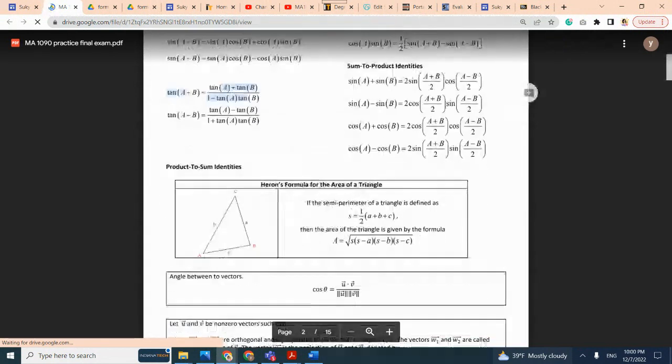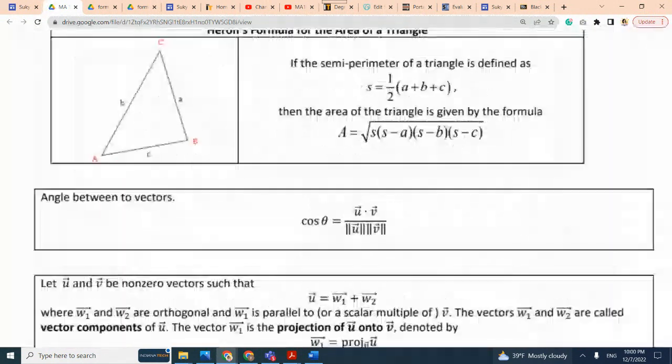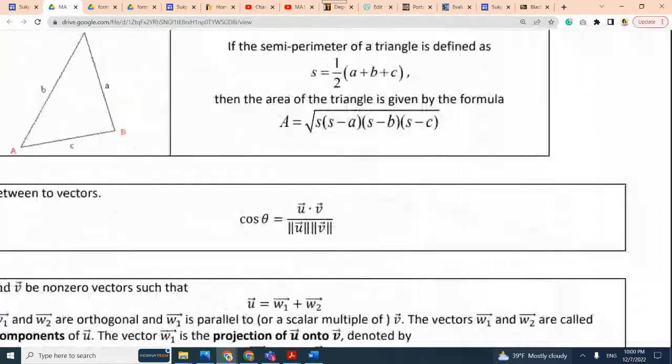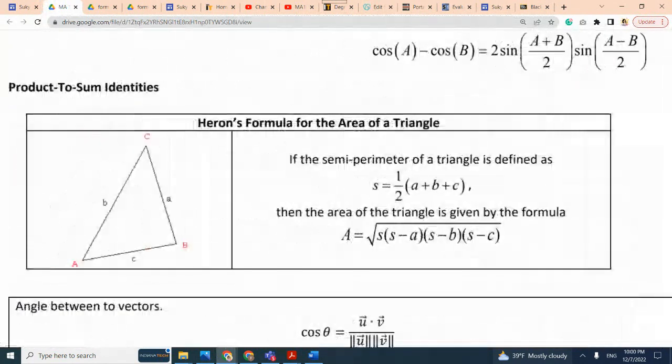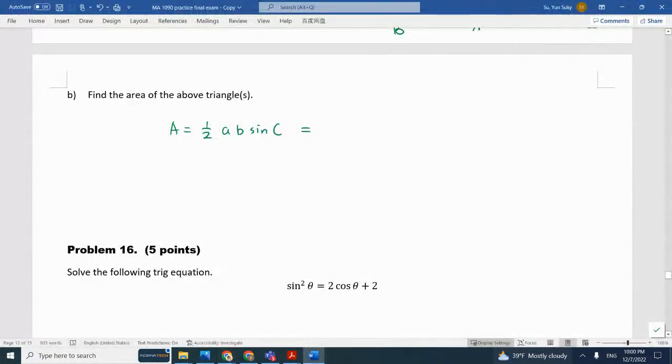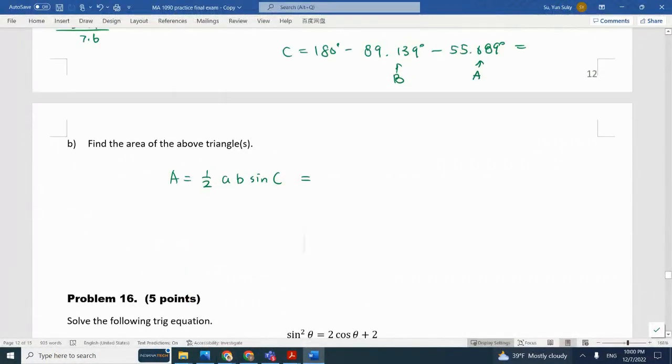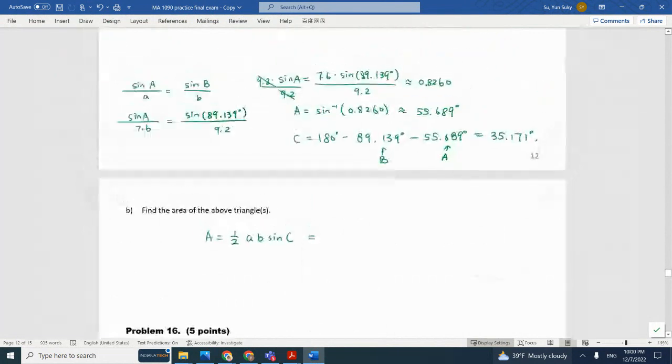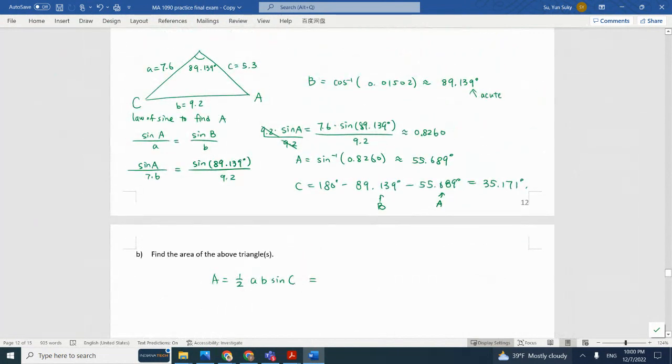And that is, yes, this formula, Heron's formula for the area of a triangle. Or you can just use 1/2 ab sine C. So you have the same answer for the area, no matter what method you use.